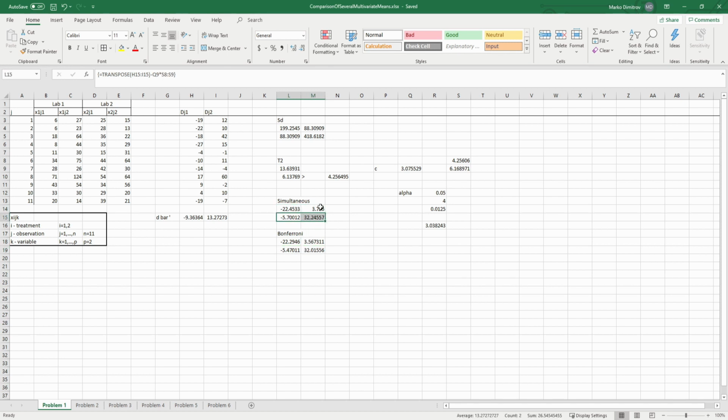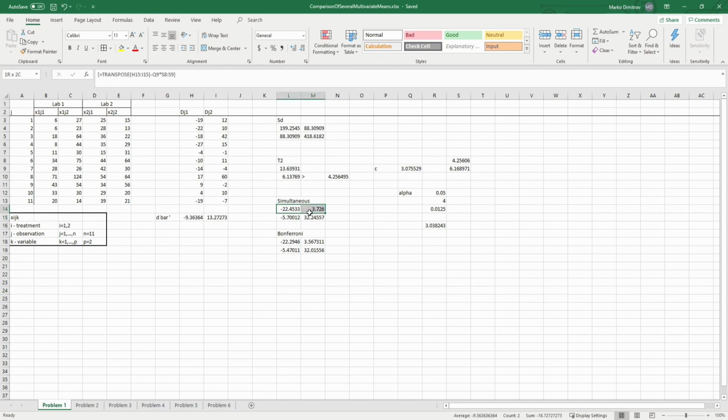But we rejected the null hypothesis, and we said that there is a significant difference between the treatments.